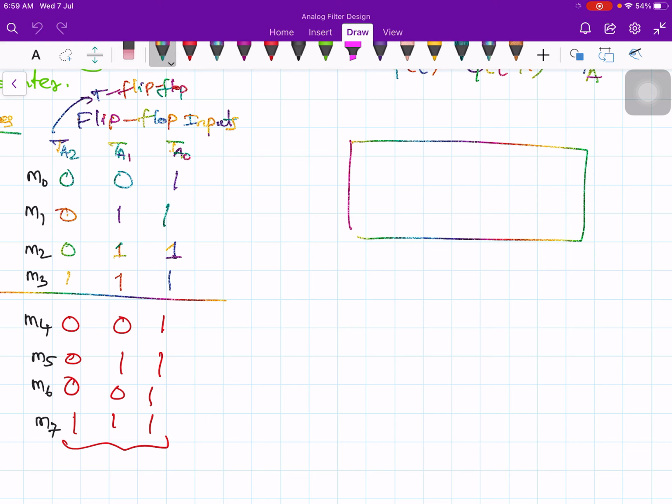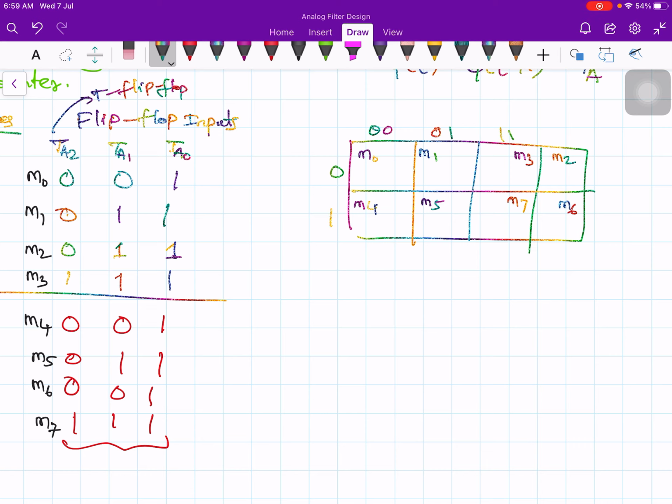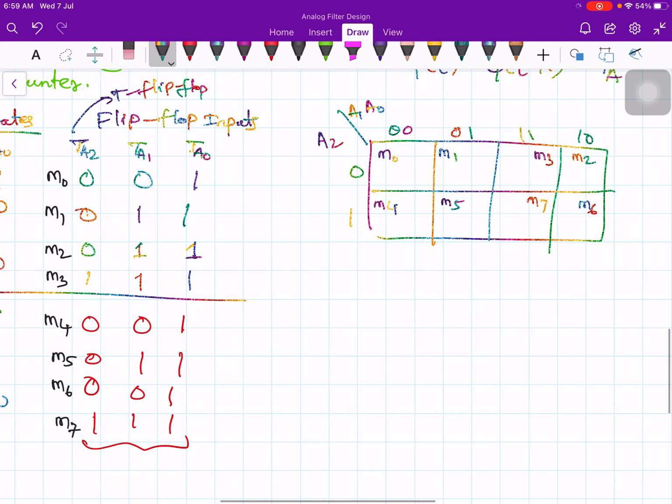I think all of you are familiar with the K maps. M0, M1, M2, M3, M4, M5, M6, M7. This is 0, 1, 0, 0, 0, 1, 1, 1, 1, 0, A2, A1, A0. So now you can fill it up.